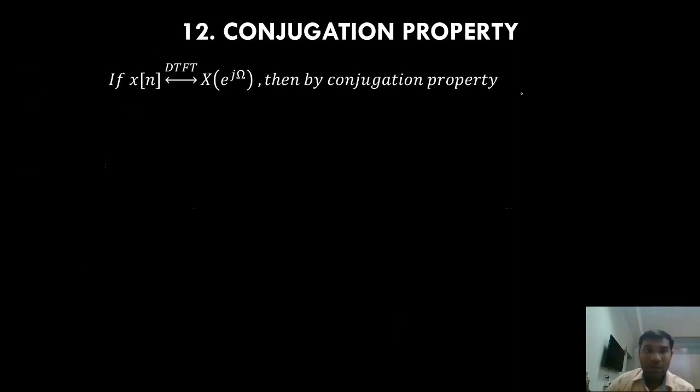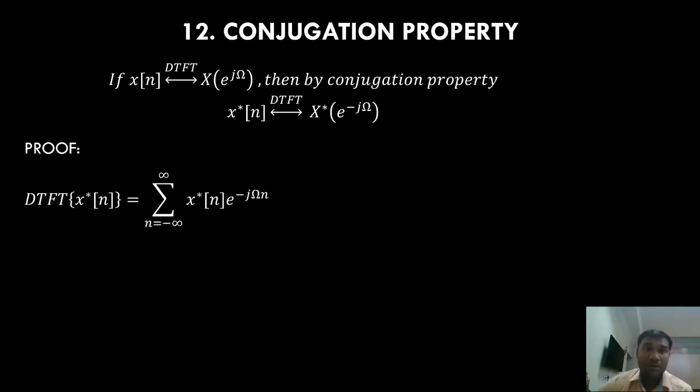The other property is conjugation property. This is a straightforward property. So we'll find the DTFT of x conjugate of n. In place of x of n, I have x conjugate of n. Now I will write this as a whole conjugate. I'm going to take the conjugate for the entire term.